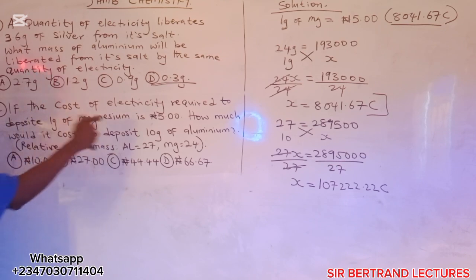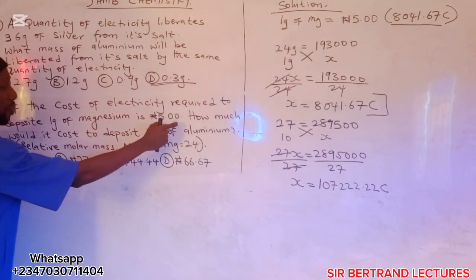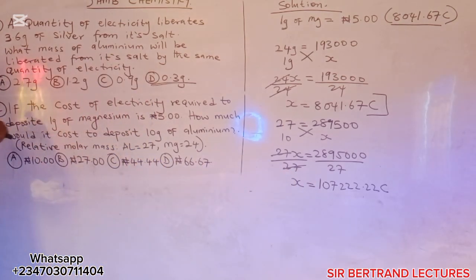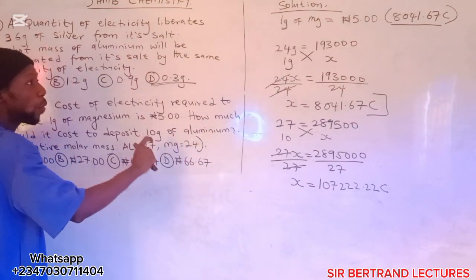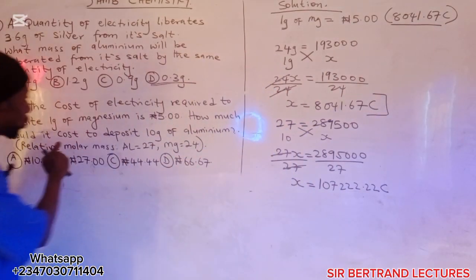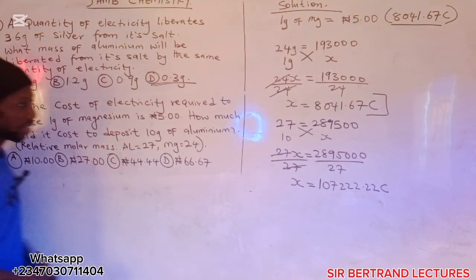So here we solve for that quantity of electricity that will cost 5 naira, then we solve for the quantity that will liberate 10 gram of aluminium. Then we use that to relate to this to get the cost for 10 gram of aluminium. Is that okay?